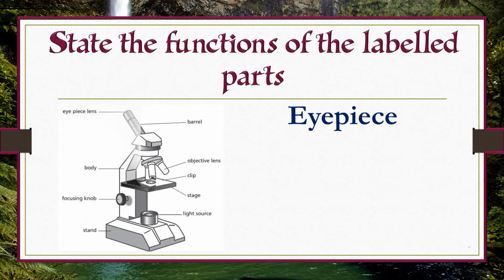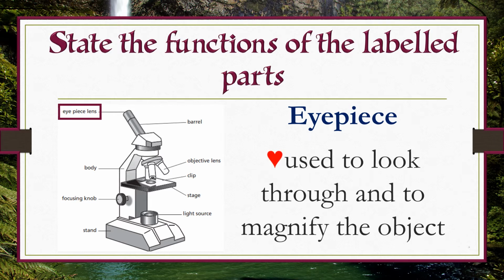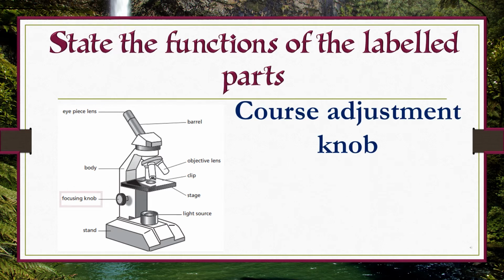State the functions of the labeled parts. The eyepiece. The eyepiece is used to look through and to magnify the object. The coarse adjustment knob.